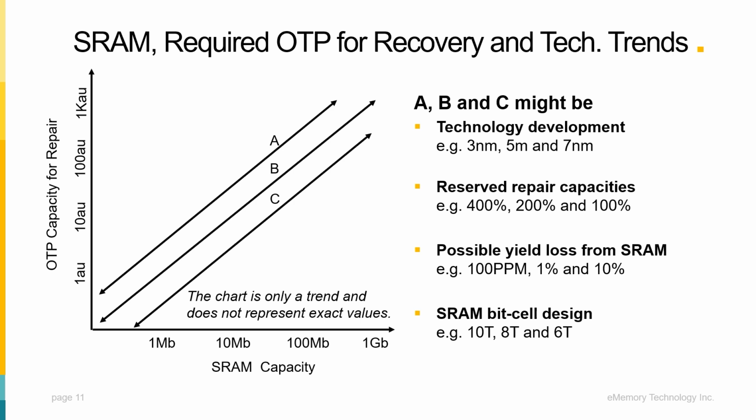With the rise of AI, large language models, and new types of neural processing units, the demand for higher capacity SRAM has surged. Under these situations, we can expect a significant increase in the capacity of OTP required for SRAM repair, labeled on the y-axis.